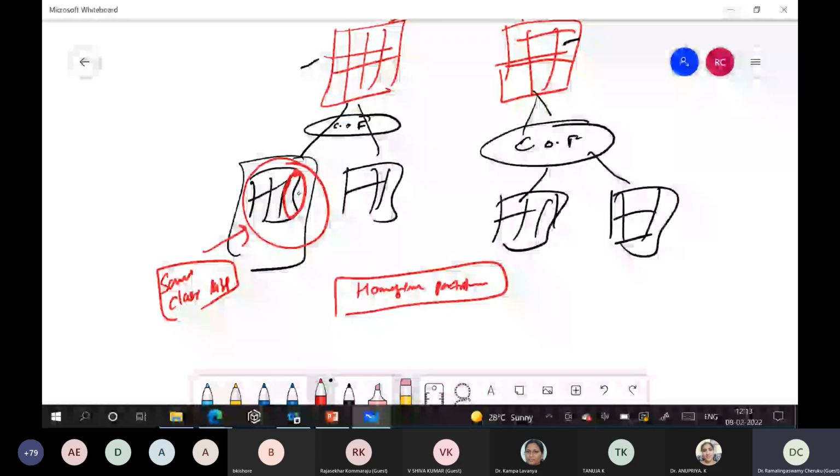Because all are COVID positive, COVID positive, COVID positive, this is a positive class, so you can assign the positive class label to this partition. This way you generate a tree structure.